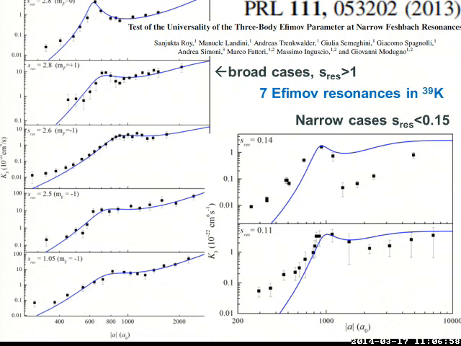Here is their data. You can kind of see this is 3 potassium atoms, and almost all the resonances are fairly close together. These are all fairly broad resonances with this two-body resonance width parameter from 2.8 to 1. But they also had 2 narrow ones, which were showing Efimov features in just about the same place. And again, this was a surprise. And in some ways, it might be expected if this van der Waals shielding of the short range is really what's important.